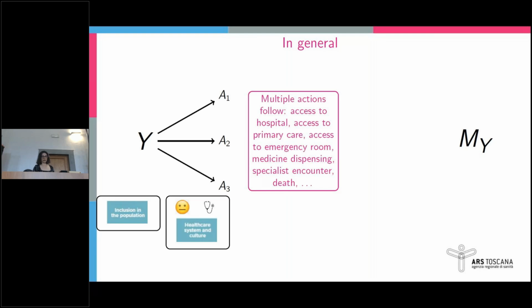Which actions? Well, that depends a lot on the healthcare system and culture, right? Because if you don't have primary care accessible to everybody, that action will not exist, right? And this also depends on the person, because you will be richer, more educated, less, male, female, and it depends on the disease, because of course there will be diseases where you need to go to the emergency room because it's really immediate.